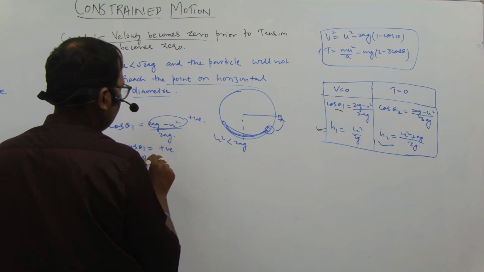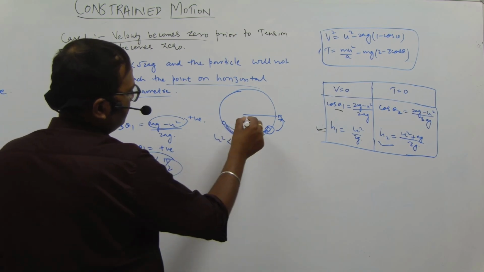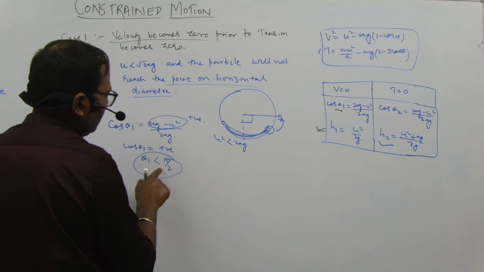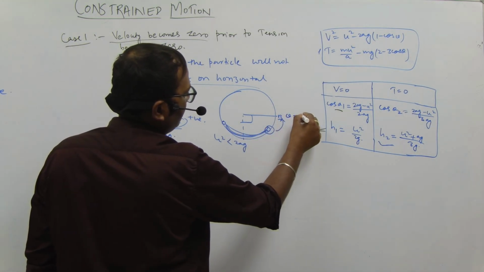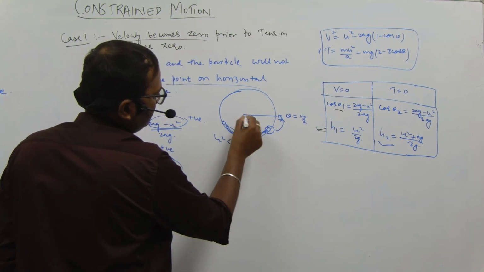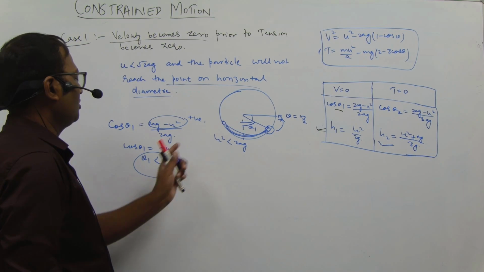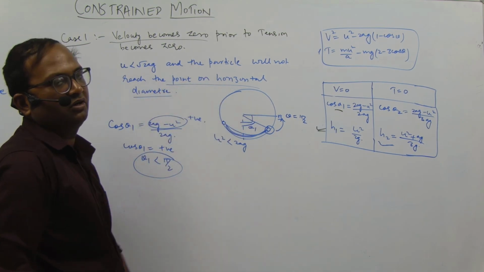This means theta 1 is less than pi by 2, so theta 1 will not attain the value of 90 degrees. This is theta equal to pi by 2, and this is theta 1, so theta 1 is less than pi by 2, not equal to pi by 2. This means the particle will not reach the point on the horizontal diameter.